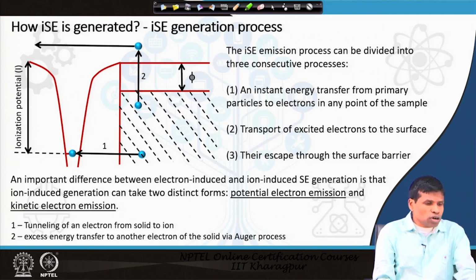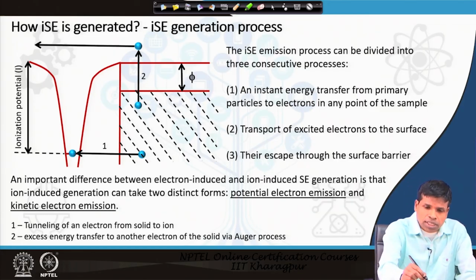And now, if we talk about how the ion induced secondary electrons are generated, the mechanism of secondary electron generation by using incident electrons is straightforward. On the other hand, in case of ion induced generation of secondary electrons, that follows 3 steps.